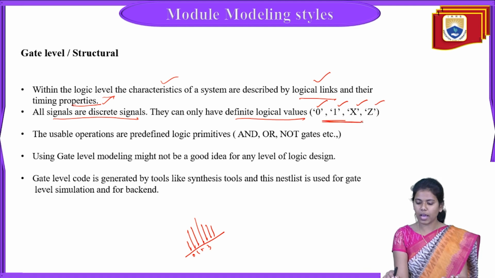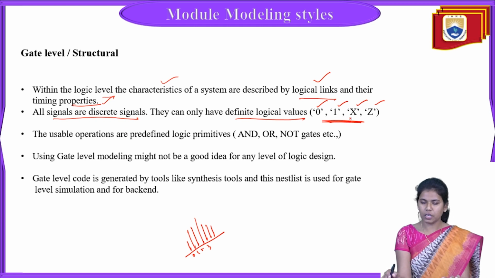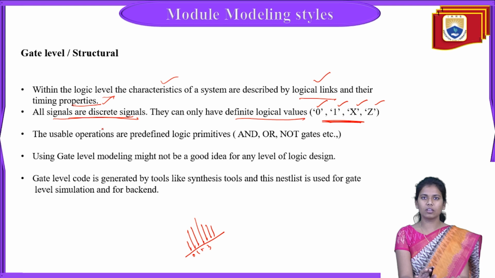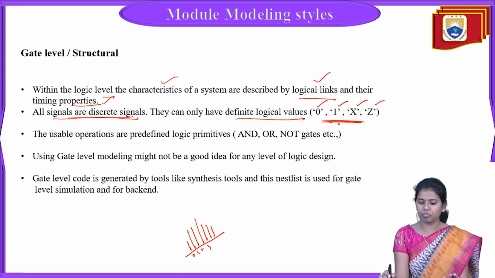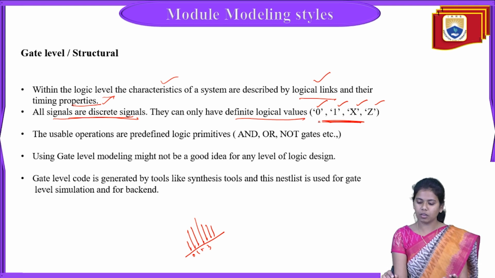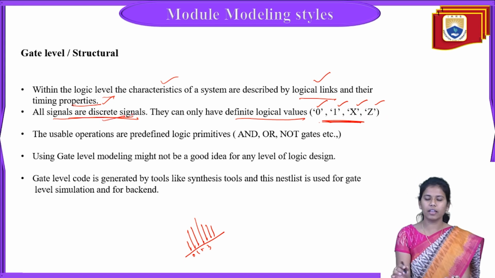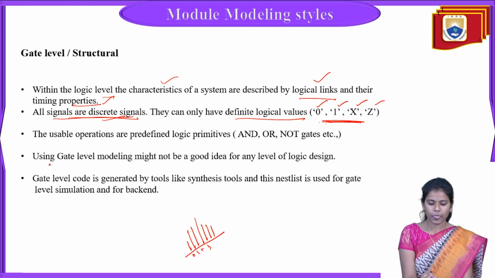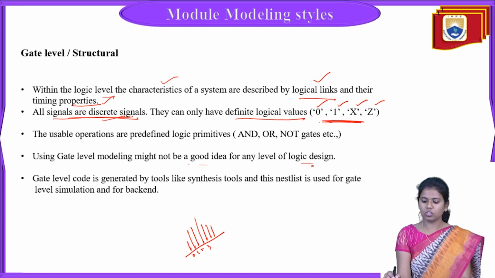These values are observed only when the signals are discrete. If they are not discrete signals, we don't find values like 0, 1, don't care and high impedance. If the signals are discrete, then only we see the output, or else the logical values would be 0, 1, x and z. Using a gate level model might not be a good idea for every level of logical design.